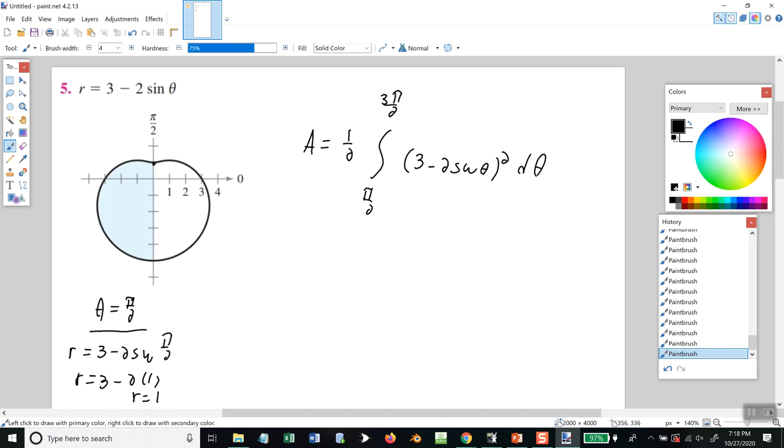For my starting place, does that seem like a radius is 1? It does, doesn't it? So that checks.